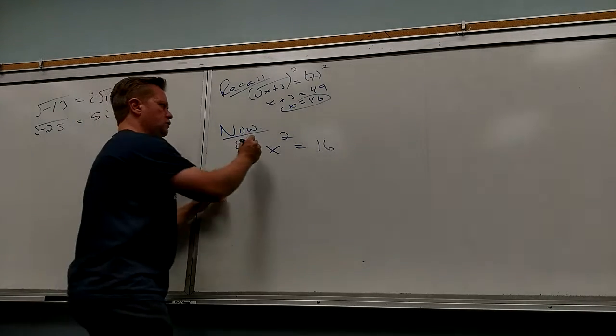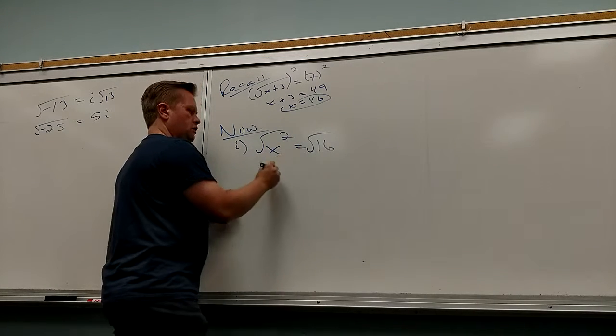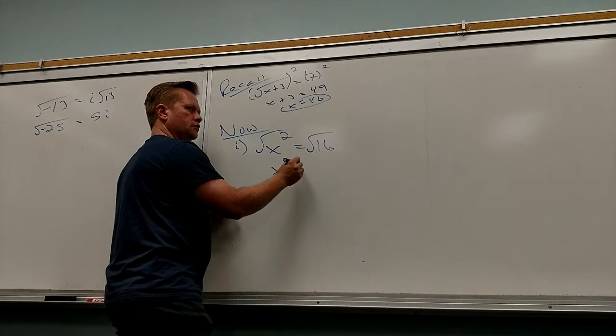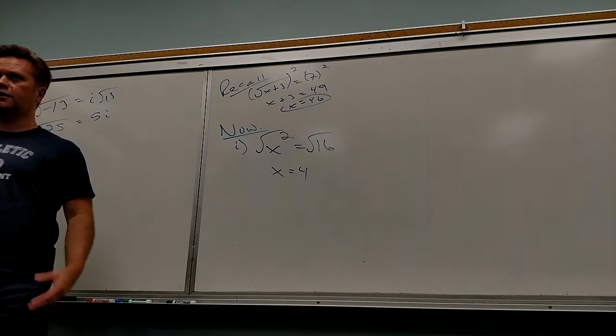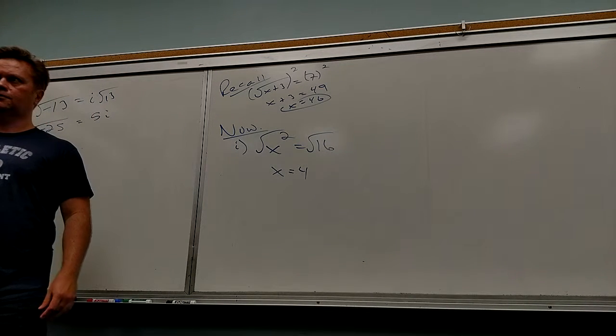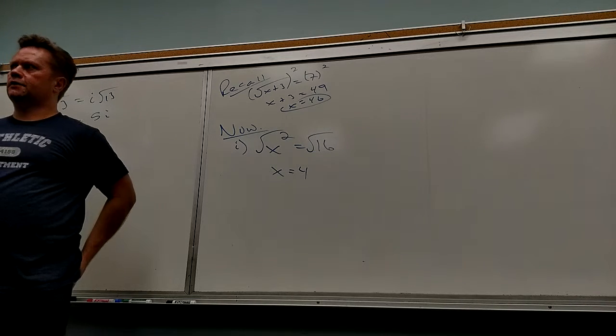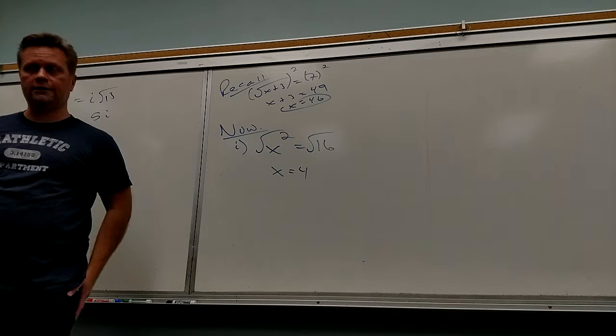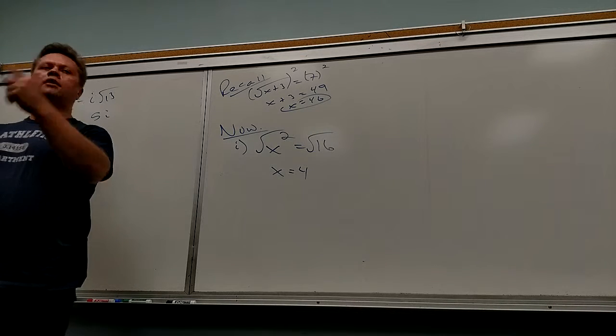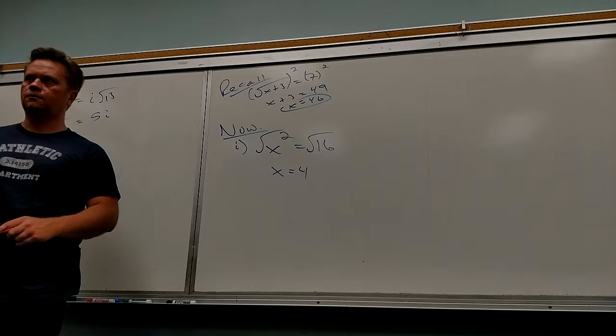If you just do this, and you get what? We know that's not right, or it's not complete. Because what else do I square to get 16? I can square 4 to get 16, or I can square negative 4 to get 16, right?